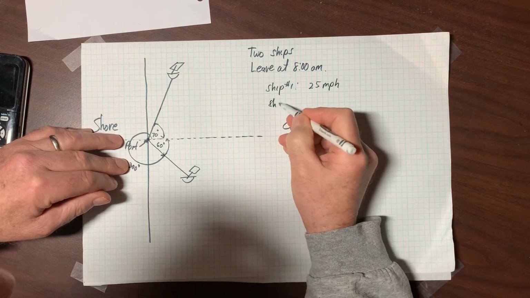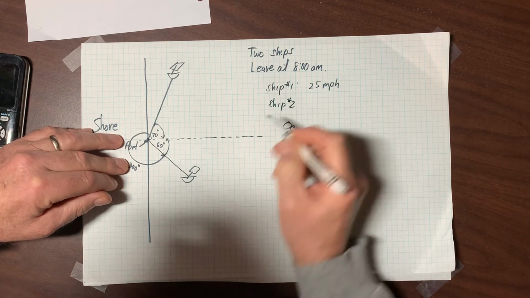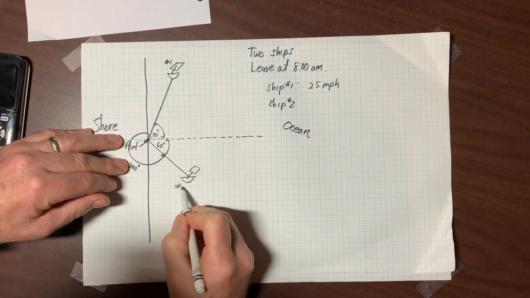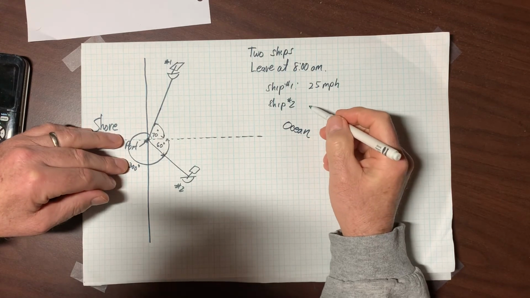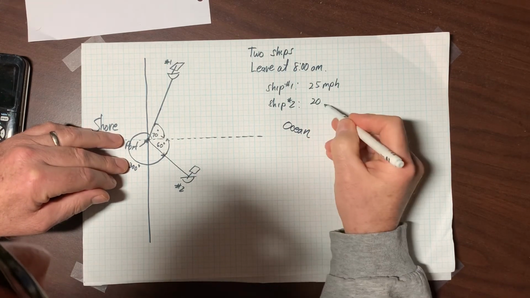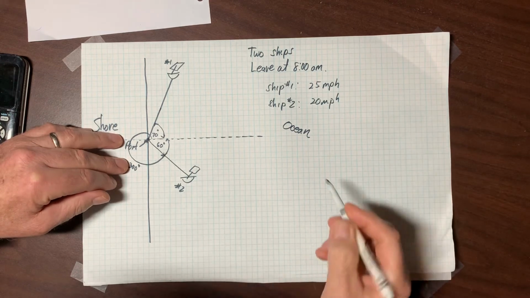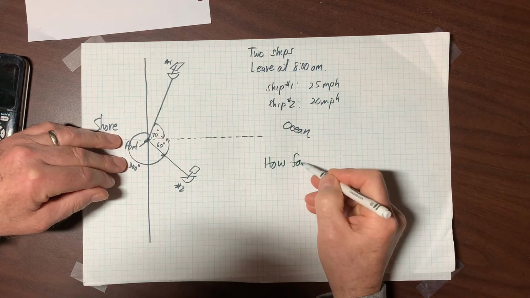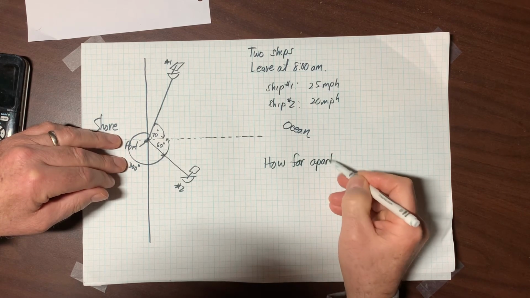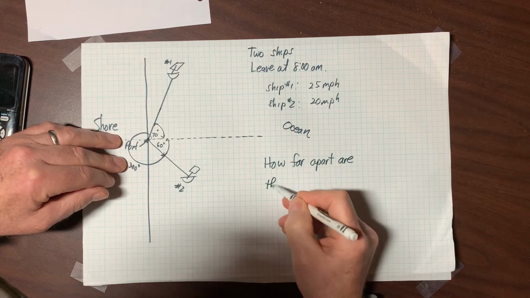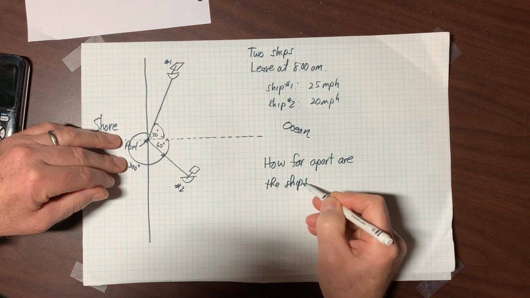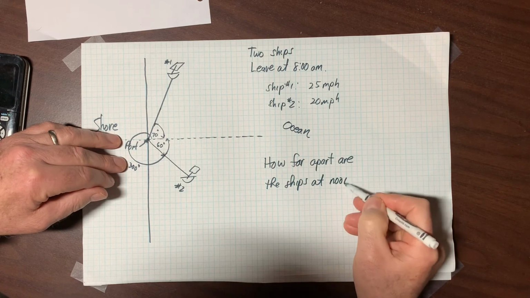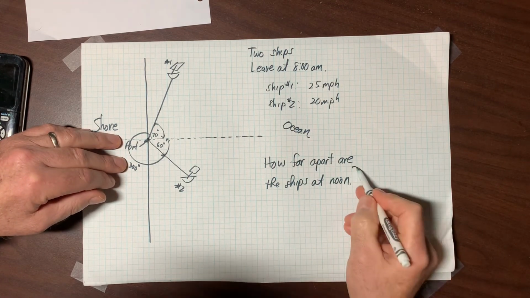And ship number 2, that's this ship here, number 1, number 2, is traveling at a speed of 20 miles per hour. Now, here's the question. How far apart are the ships from each other? How far apart are the ships at noon, let's say? All right, at noon. That's the question.